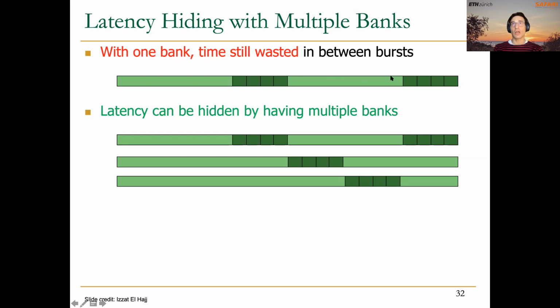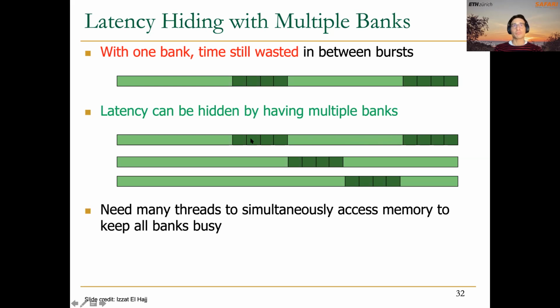But observe that all these lighter green parts mean a long latency that we have to wait before we are actually able to access data from memory. If we have multiple banks inside the same channel, what we can do is perform accesses to other banks while we are opening new rows in the previous banks, as you can see.